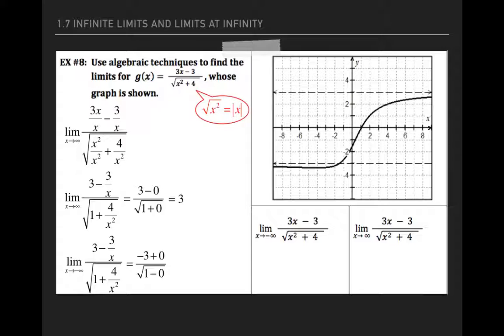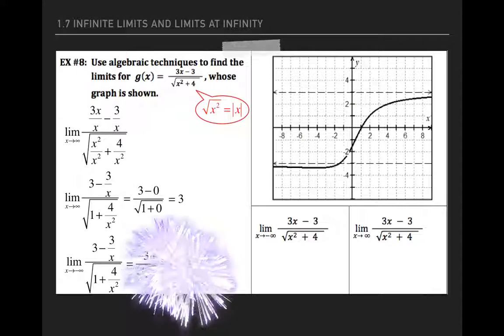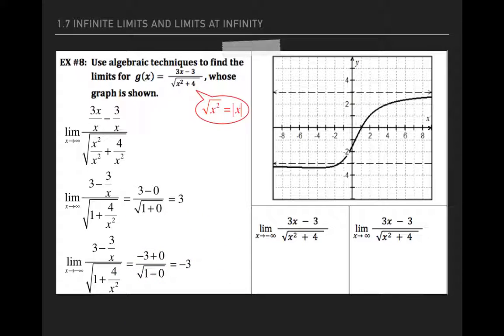So you'll really have a negative 3 plus 0, and inside the radical, that would be 1 minus 0, which means that as you're approaching negative infinity, the limit is negative 3. And we see that happening graphically here. The limit there, that horizontal end behavior, is negative 3 as you go to negative infinity, and it is positive 3 as you go towards infinity.